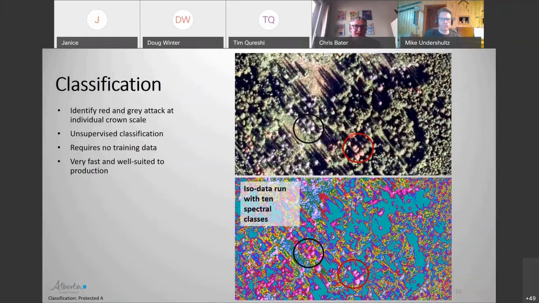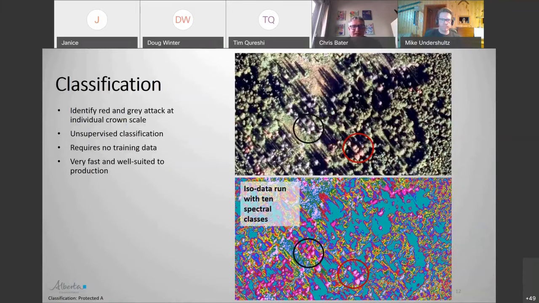I just ran an ISODATA cluster analysis on the image, and the dead trees come out immediately. This is a 10 class run. You can set the number of classes you want, but the point is that the red and gray attack fell into classes 7 and 10, these purple pinkish colors. From there, you'd just grab those 2 classes and do what's called cluster busting: rerun your cluster analysis, but only on those 2 classes to differentiate red from gray.